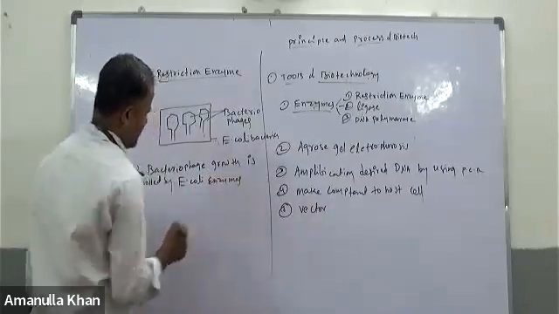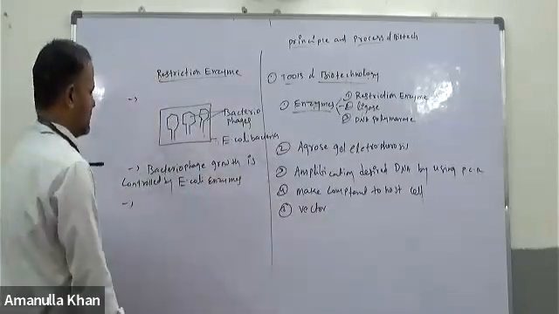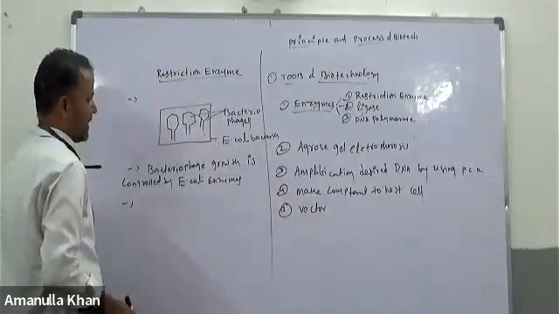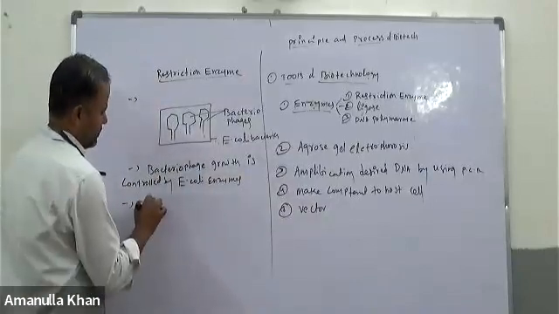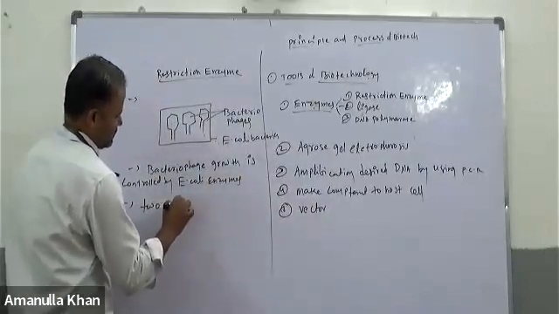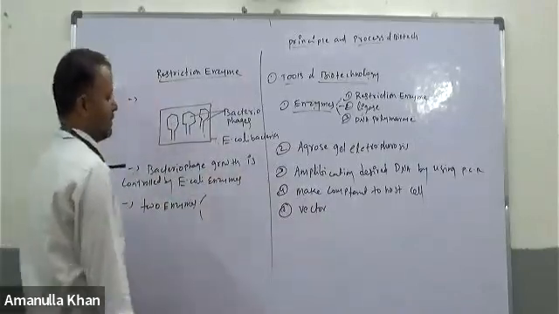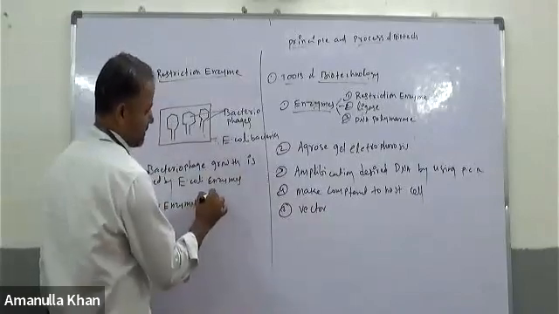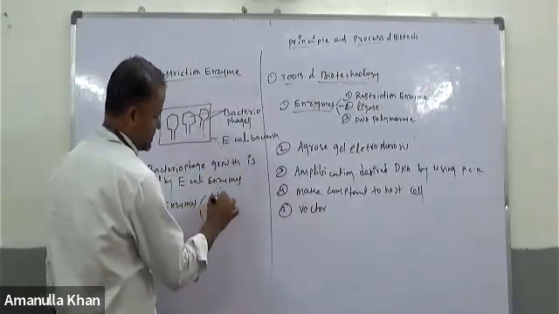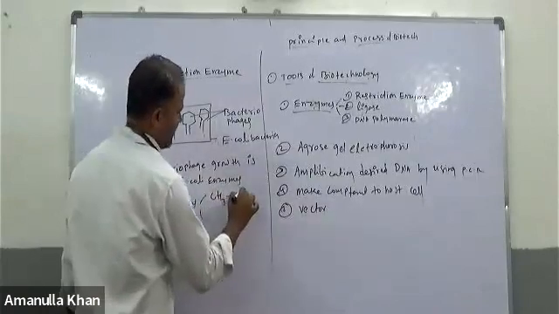So how many enzymes control the bacteriophage growth? Two enzymes control the bacteriophage growth. The first enzyme adds a methyl group, CH3 is methyl, to the DNA.